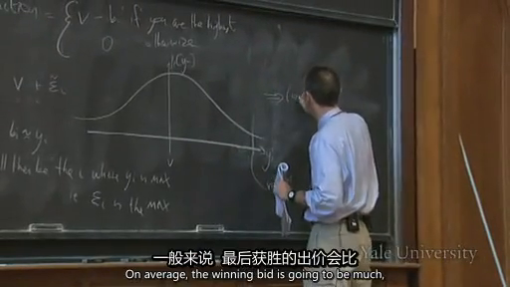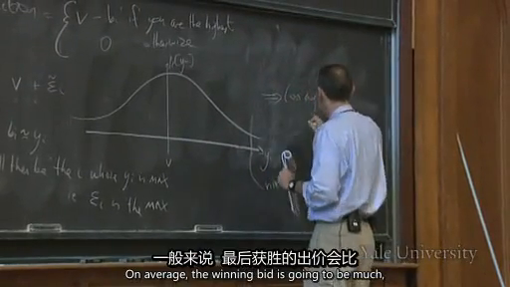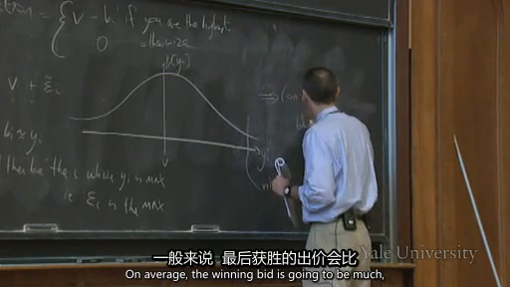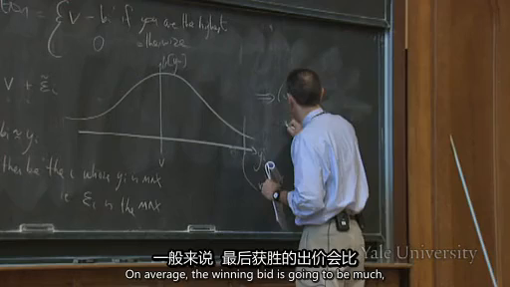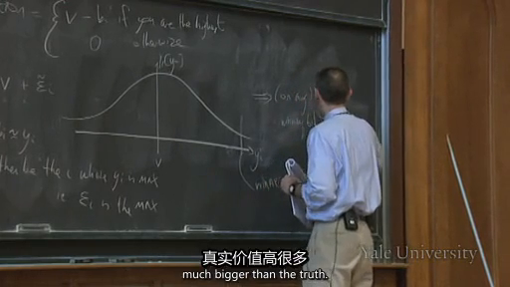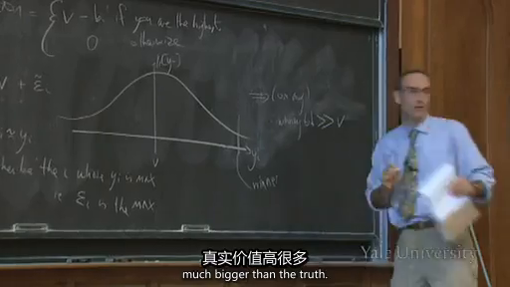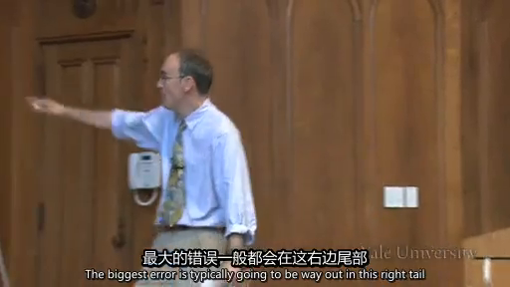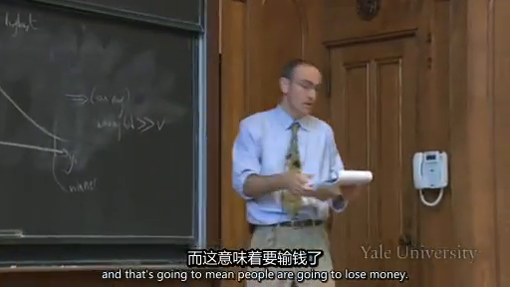On average, the winning bid is going to be much, much bigger than the truth. Right? The biggest error is typically going to be way out in this right tail, and that's going to mean people are going to lose money.